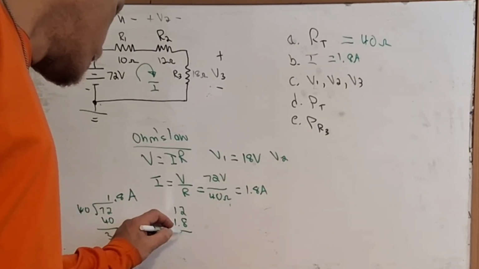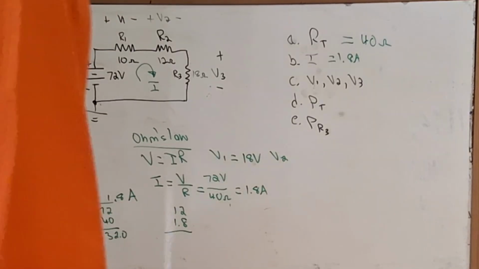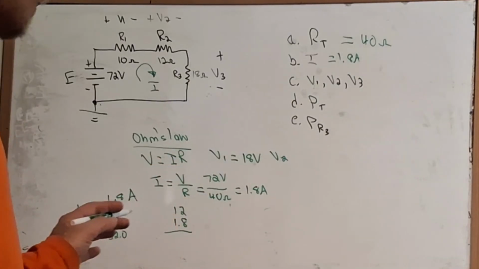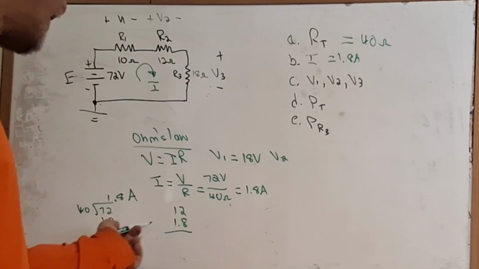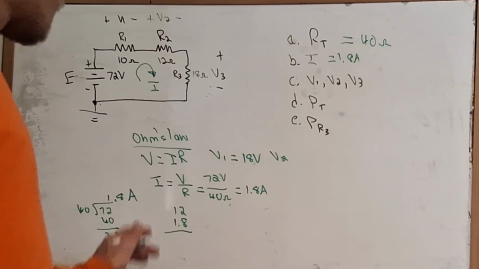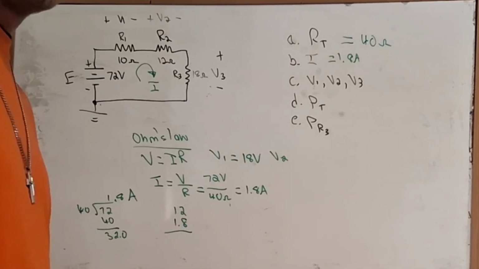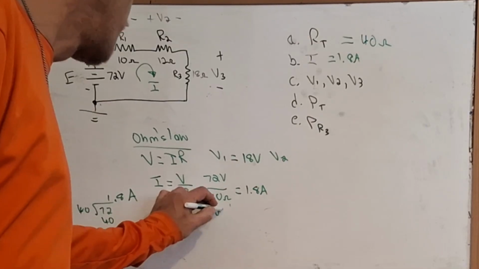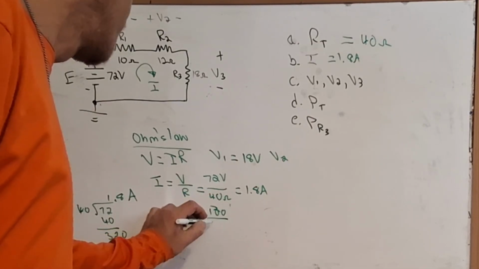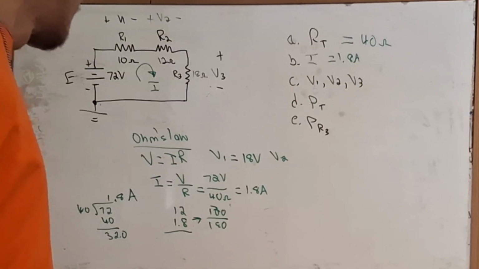Just to show you whether you're doing this right or wrong, because I always mess this up, I like to do it this way. I like to get rid of the decimal point. So let's multiply both sides by 10, because in the end, we're going to have to divide by 10. So let's remake this 120 and this 18.